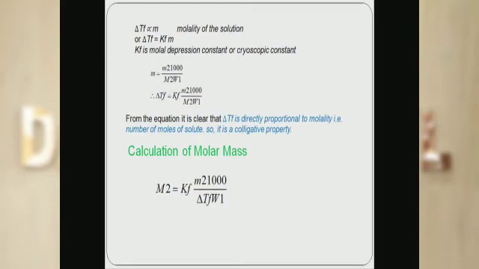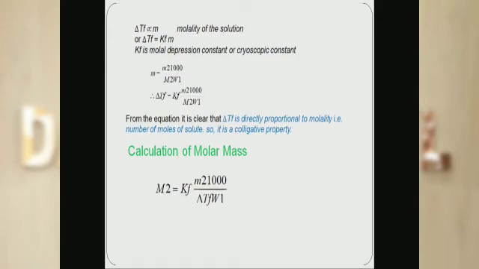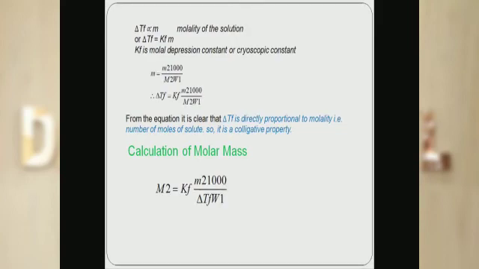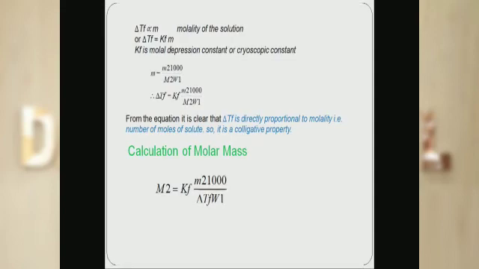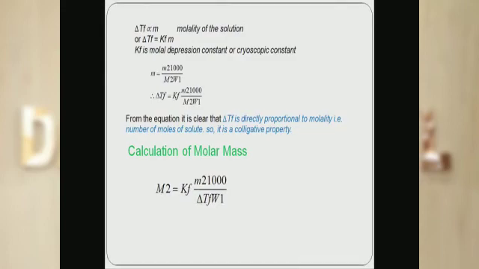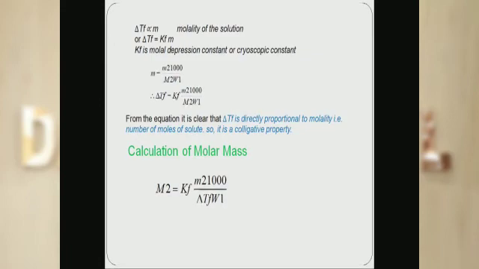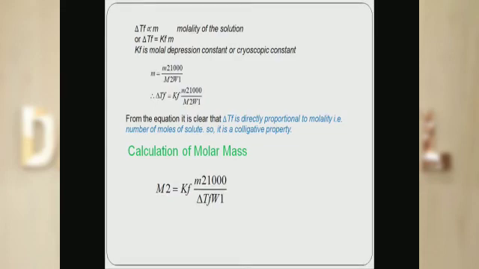Here also you can replace molality by the expression. Now here also delta TF is directly proportional to molality, again number of moles. So that's why it is a colligative property. Molar mass can also be calculated from the same formula. Here also generally you get numericals.